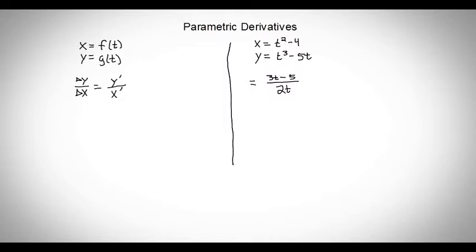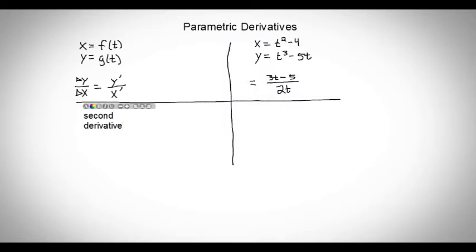The first derivative is fairly simple. It's the second derivative where things get a little more complicated. So let's draw a line here, and we will take a look at the second derivative here. And I'll try to label the second derivative. It's a little more complicated, but I think I can make it make sense here. So our second derivative is simply taking the derivative of the first derivative. And so we're taking the derivative again.